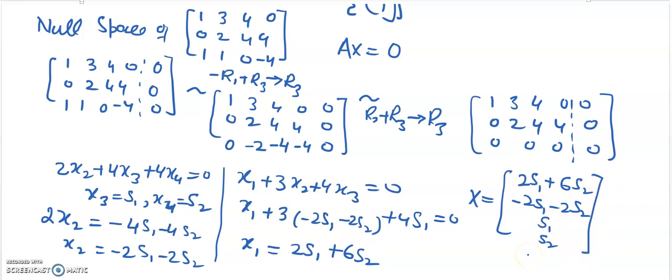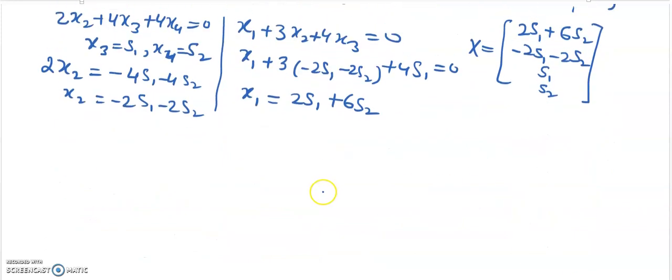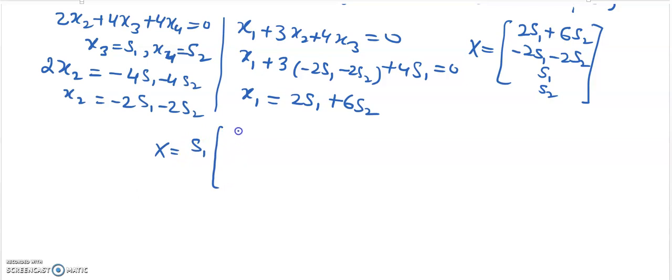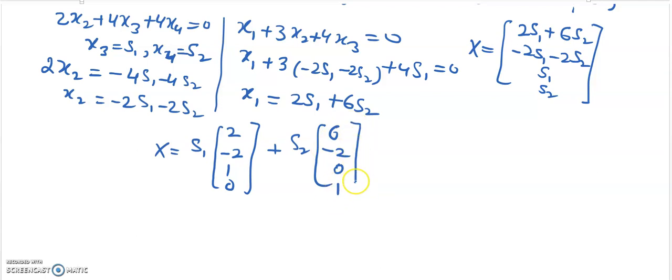So this solution can also be written in this form. Take s1 common, and then this column matrix 2, minus 2, 1, 0, because here there is no s1 term, and then plus s2 times the column 6, minus 2, 0, 1.